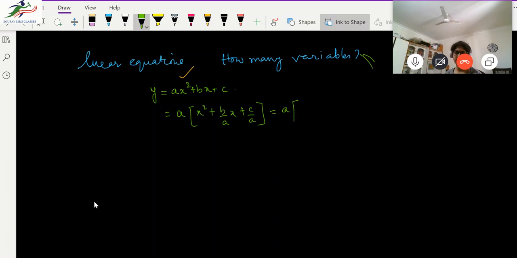This I can write as x square plus 2 into b by 2a x plus b by 2a whole square minus b by 2a whole square plus c by a. Why did I do this?